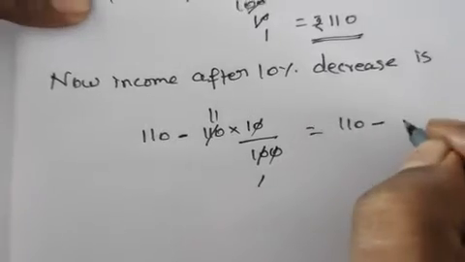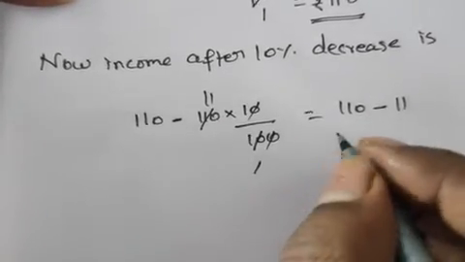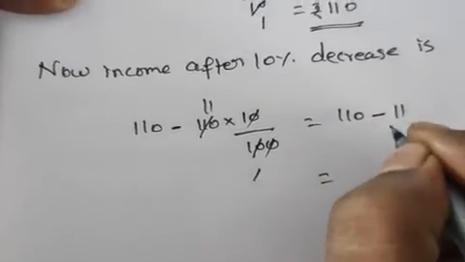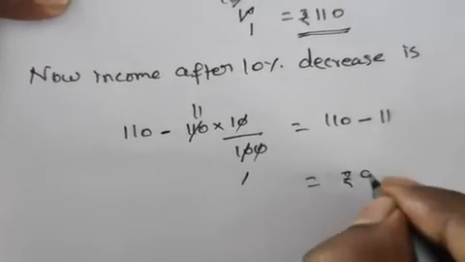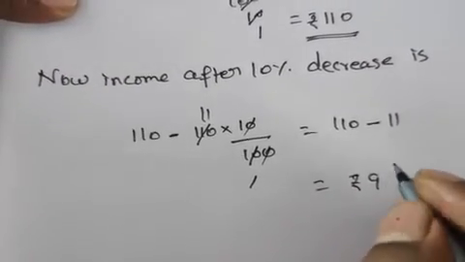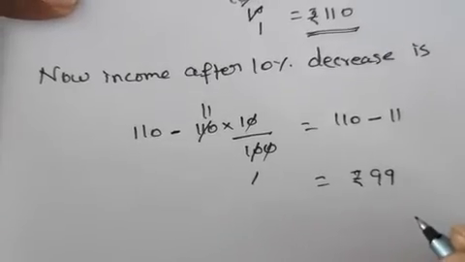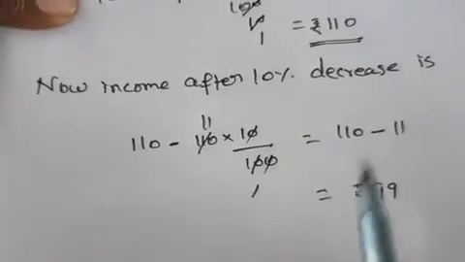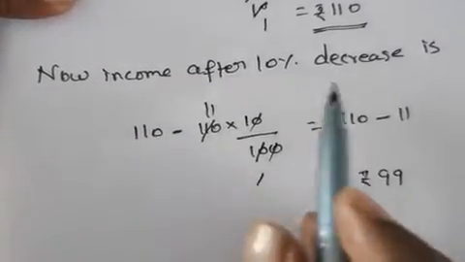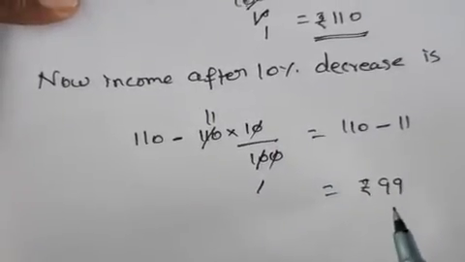That is equal to 110 minus 11. Therefore 110 minus 11 is equal to 99 rupees. Are you clear? Now the income after 10% decrease is 99.